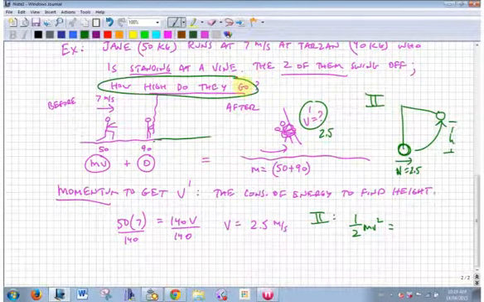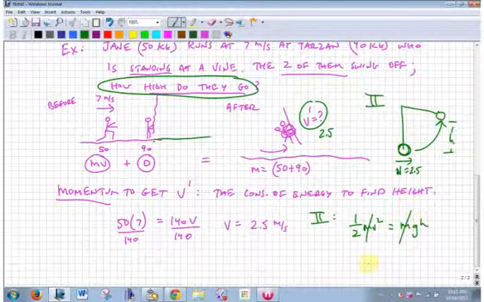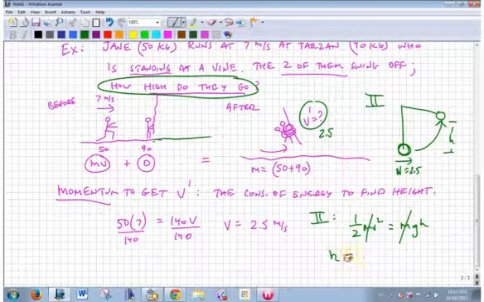How high? At the top, there won't be any kinetic because they'll stop at the top. That's what top means. How high do they go? So I do know their mass, but hey, who cares, right? Why put in more numbers than you need? H is 1/2 of V squared divided by G, sorry. And V is 2.5.